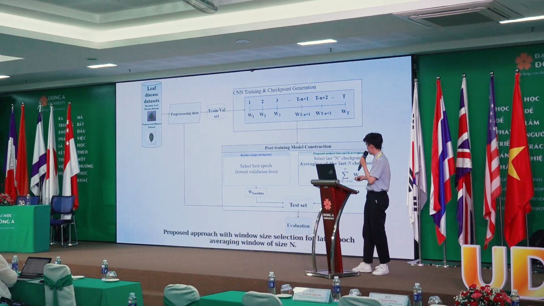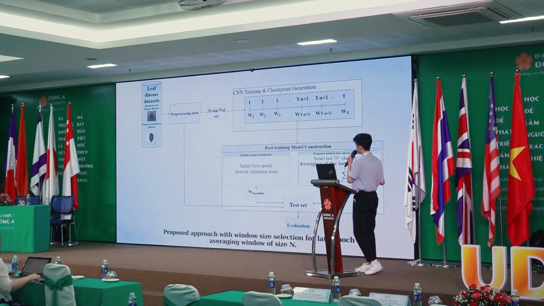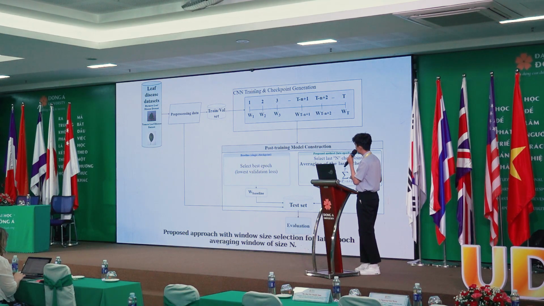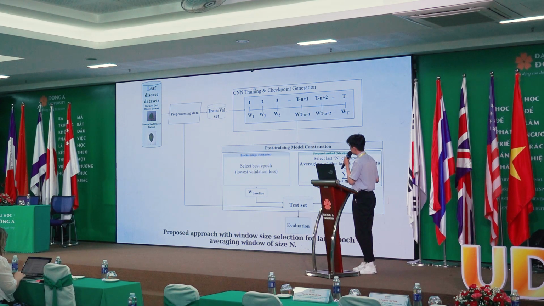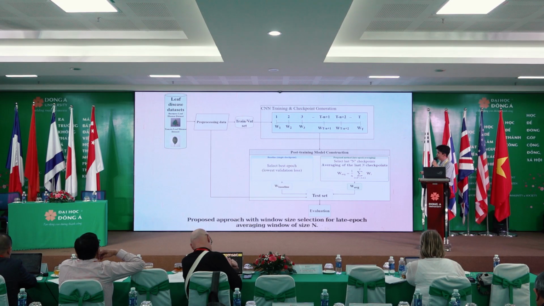So you can see here the full pipeline of our experiment. We use two different leaf datasets, which are the Burmese leaf dataset and the tomato leaf disease dataset. We also apply pre-processing to the Burmese leaf dataset to denoise the background.